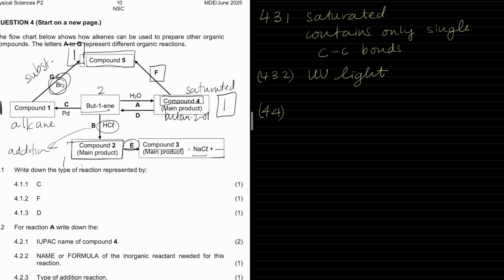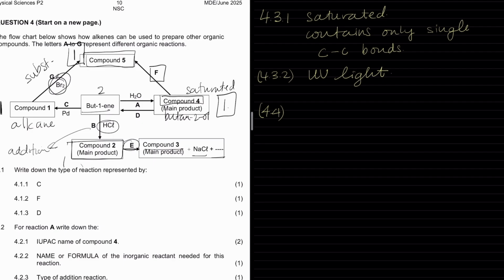During that addition reaction, and I'm adding HCl, two things will occur. First, the double bond is going to break. And secondly, the chlorine is going to be substituted onto the carbon that has the least number of hydrogens, because of course the hydrogen will go to the carbon with the most number of hydrogens.